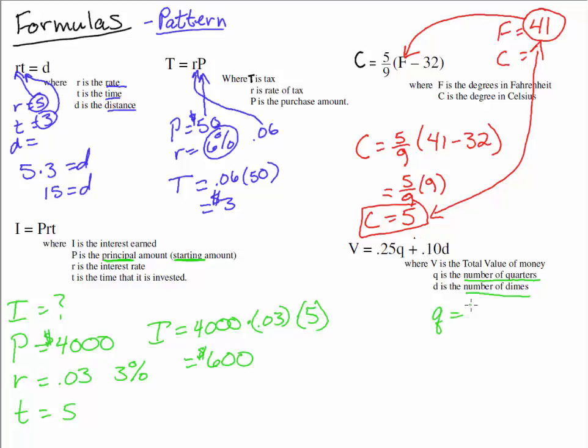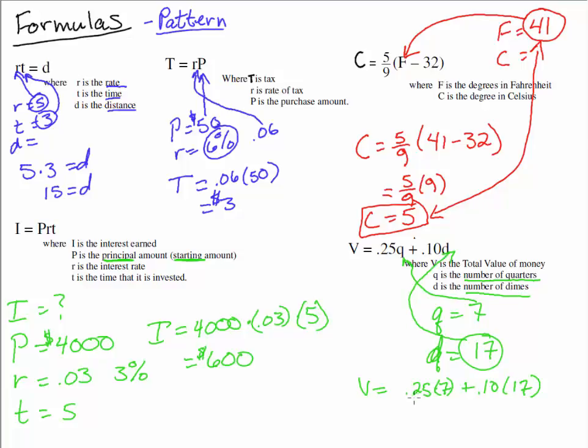So if we had 7 quarters and the number of dimes is, say, 17, watch what happens. We stick it right up in there, and we get the total value of money is going to be 25 cents times 7 plus 0.10 times 17. We just stuck that right up in there.